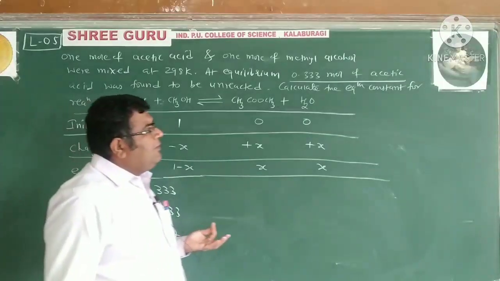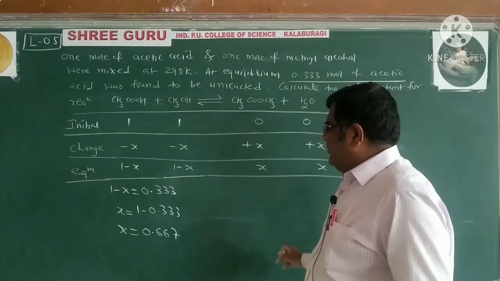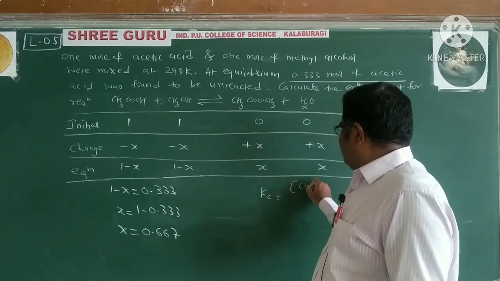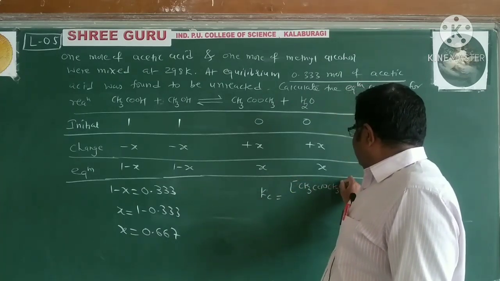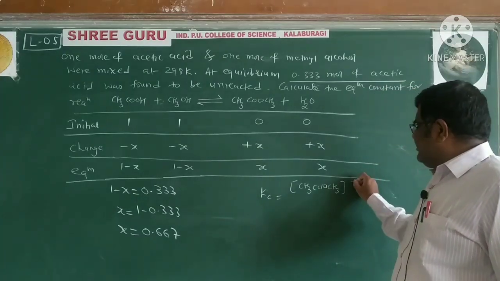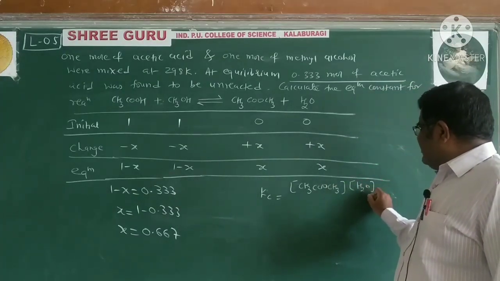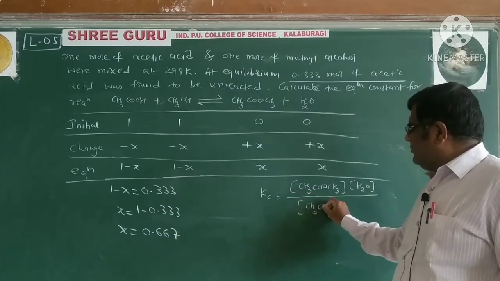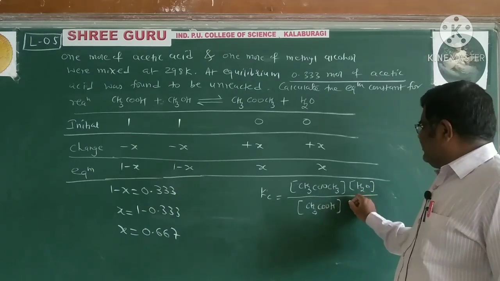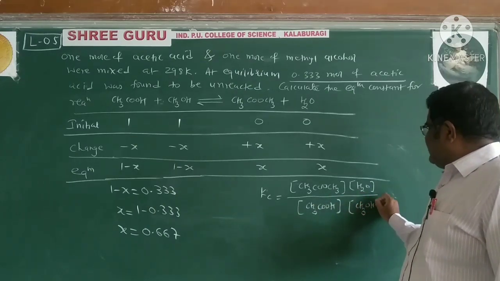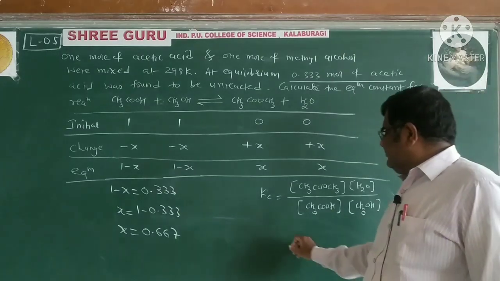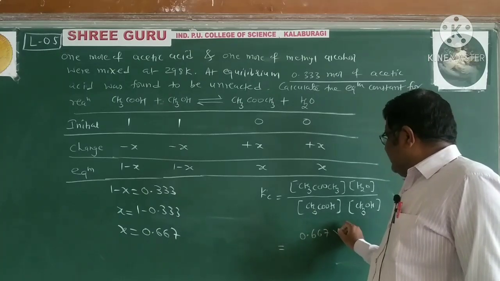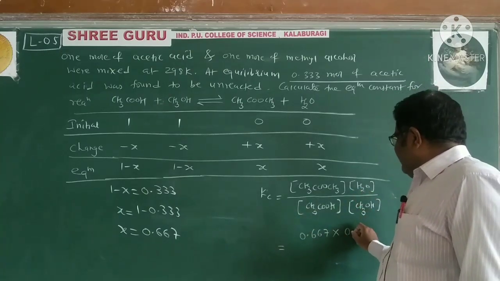Now we can calculate the equilibrium constant. We can say Kc is equal to the molar concentration of methyl acetate times the molar concentration of H2O, divided by the molar concentration of acetic acid times the molar concentration of methanol. This is x, means 0.667. This also x, means 0.667.